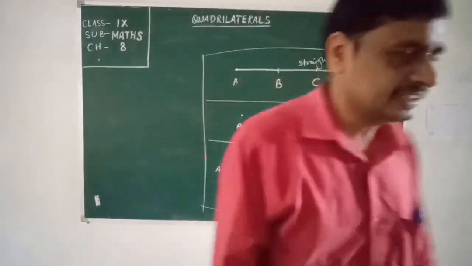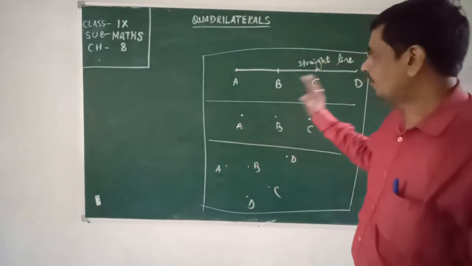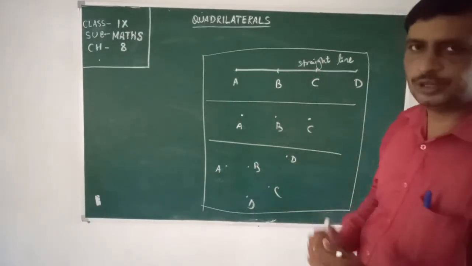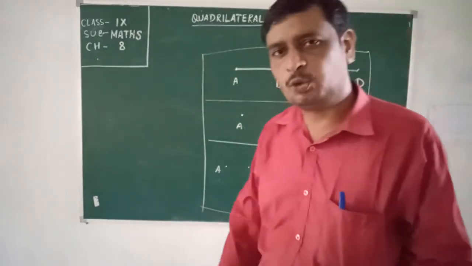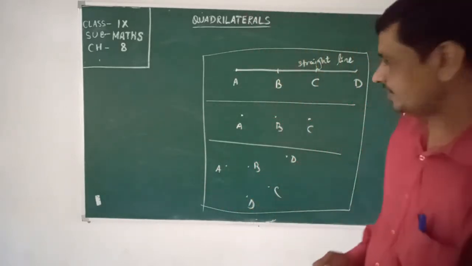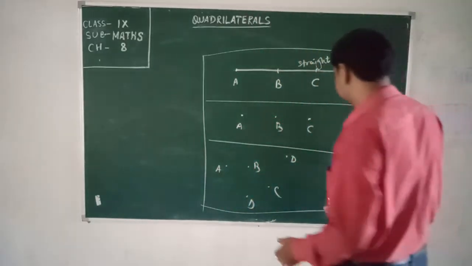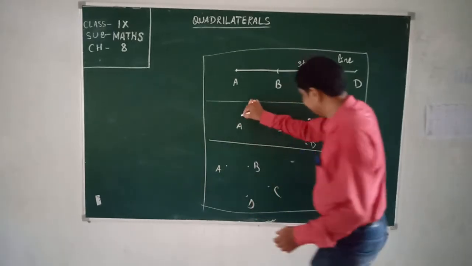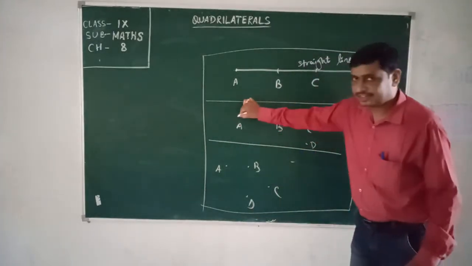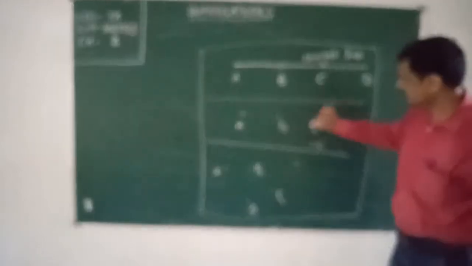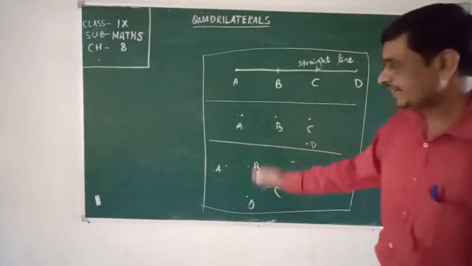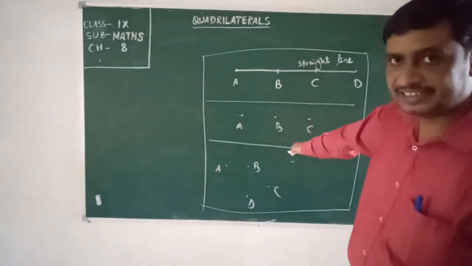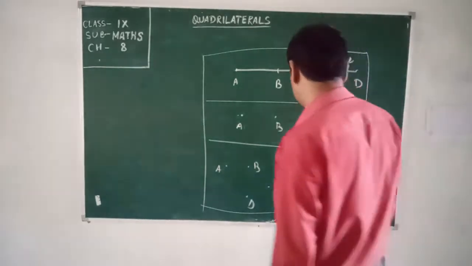Similarly, let's say any one of them is not collinear and the other 3 are collinear. Then what do we get? Here A, B, C are collinear, but D is non-collinear.